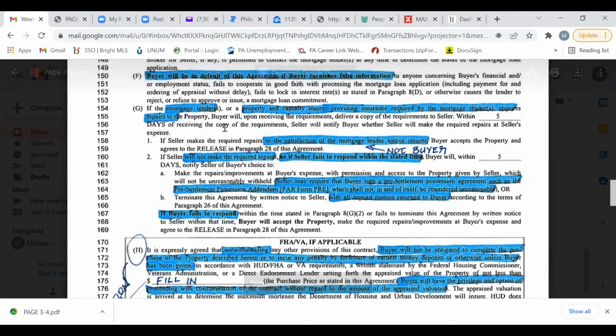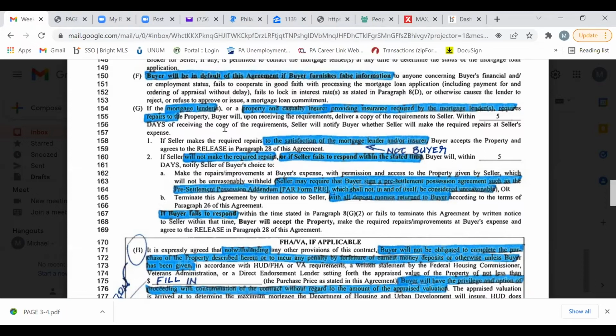So this is talking about, let's say you get an appraisal back, or the insurance company says, hey, this Zinsco electric box needs to be replaced, or we can't insure it. Okay. And the buyer gives the seller written notice that it needs to be replaced. Then the seller has a couple options.